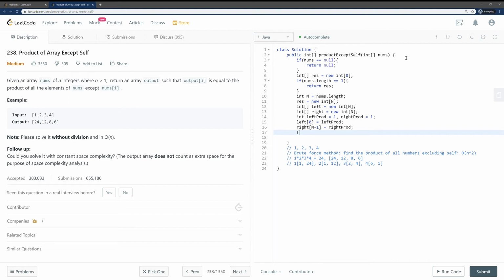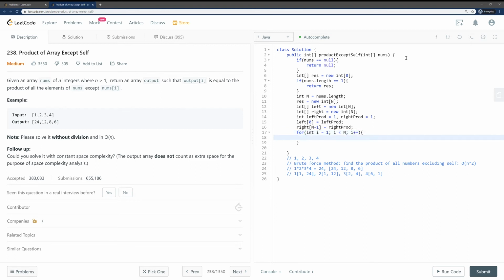So now what we have to do, actually for each of the elements, for int i equal to 1, i is less than n, i plus plus, at each level we want to find out the left prod. So our left product will be the previous left product multiplied by nums[i minus 1].